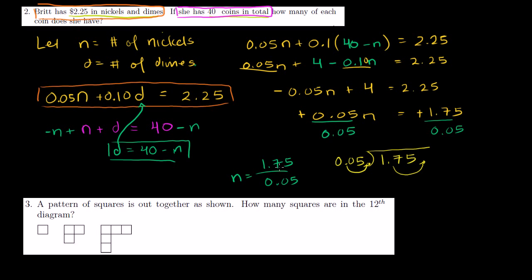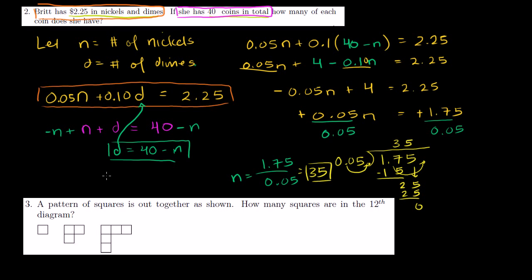This is the same thing as 175 divided by 5. 5 goes into 17 3 times. 3 times 5 is 15. 17 minus 15 is 2. Bring down the 5. 25. 5 goes into 25 5 times. 5 times 5 is 25. You have no remainder. So this is equal to 35.